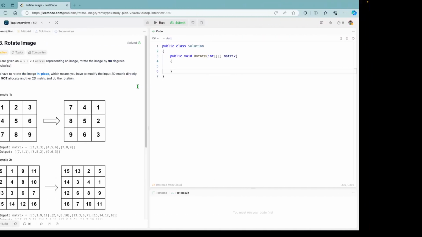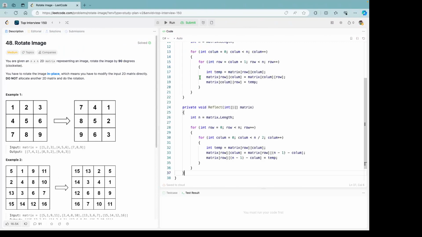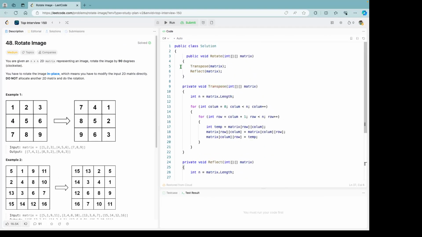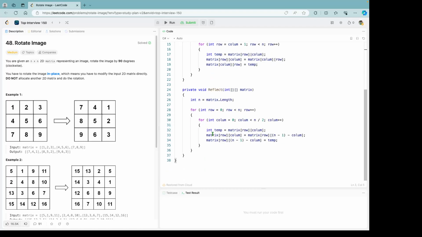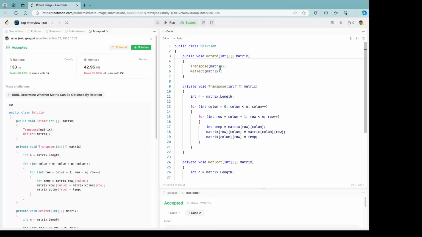Copy, paste. Let's run this, and it says processing. Test case 1 passes, test case 2 also seems to be passing. Now let me submit this. It seems to be working.